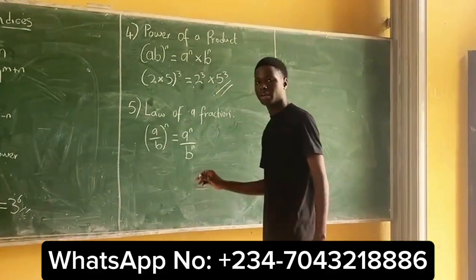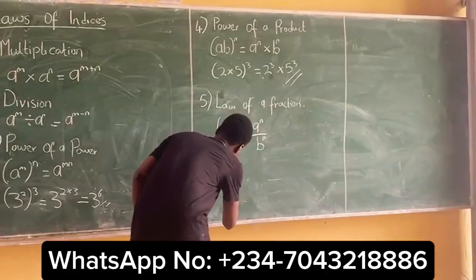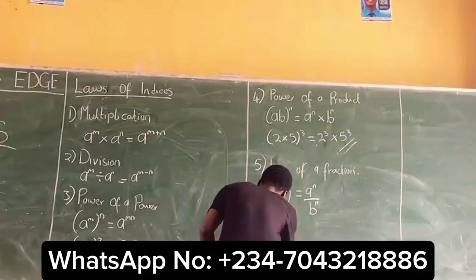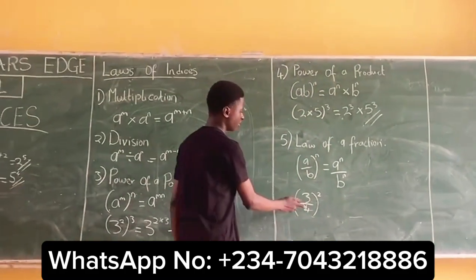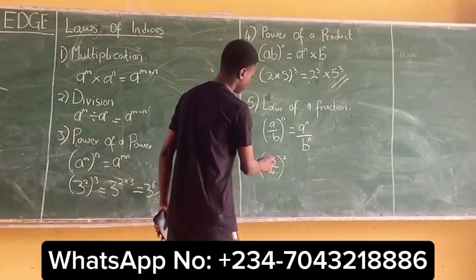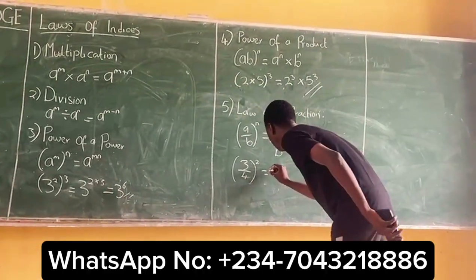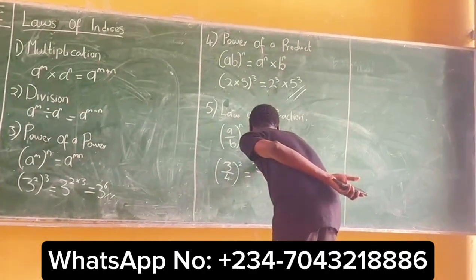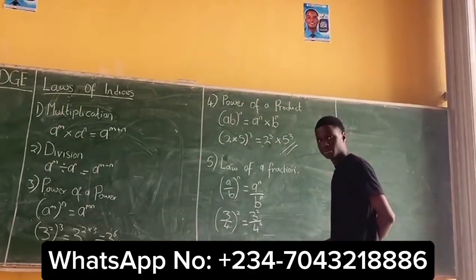If you are to take an example, let's take 3 over 4, all raised to the power of 2. Applying the same principle, we give them individual powers. So we have 3 to the power of 2 divided by 4 to the power of 2.